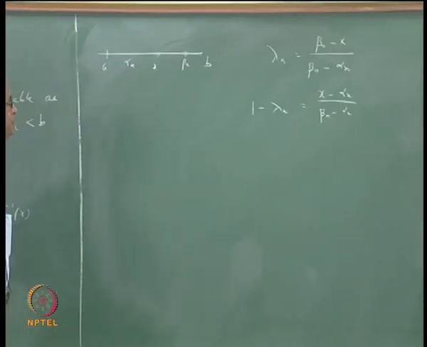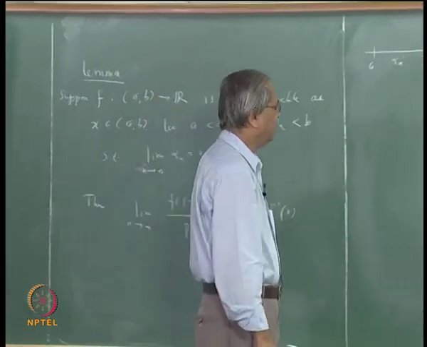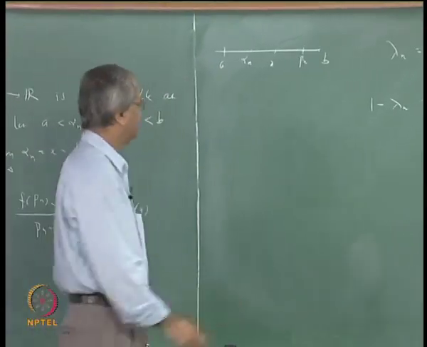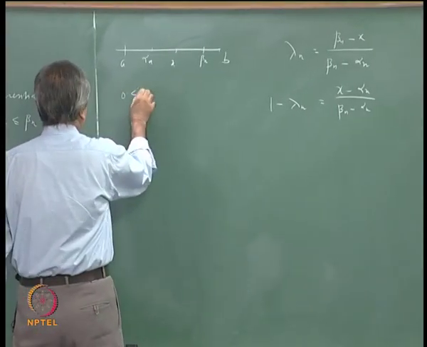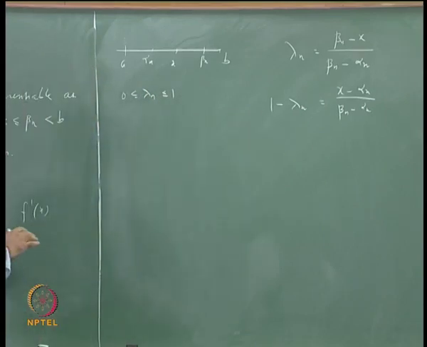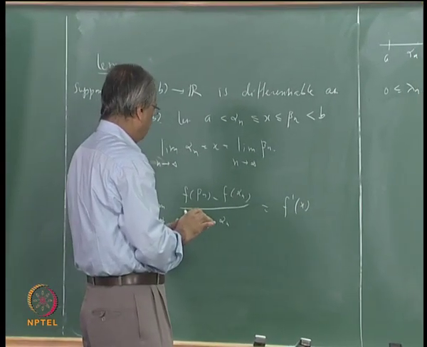Both lambda_n as well as 1 - lambda_n lie between 0 and 1. So 0 <= lambda_n <= 1, and similarly for 1 - lambda_n. Now what we observe is the following.